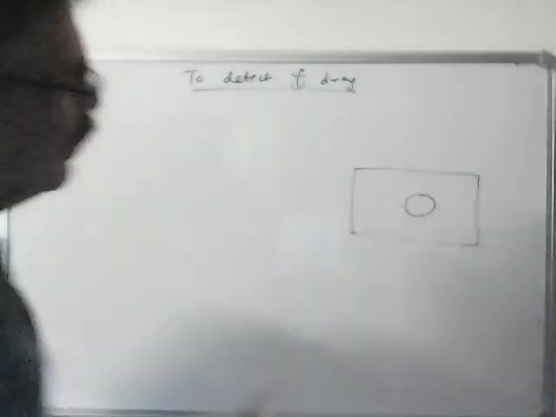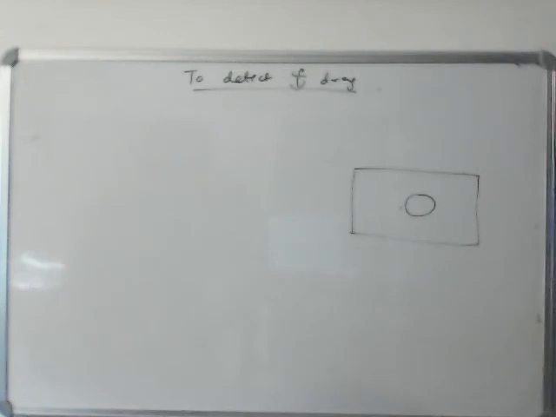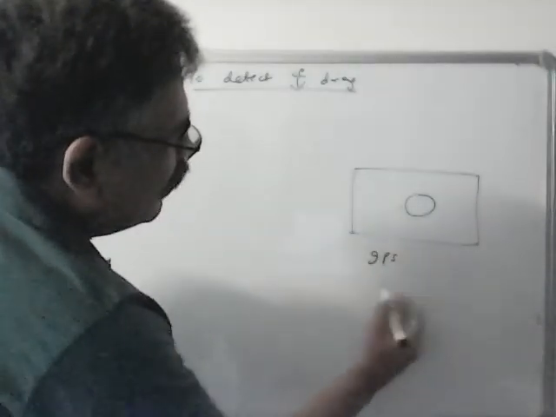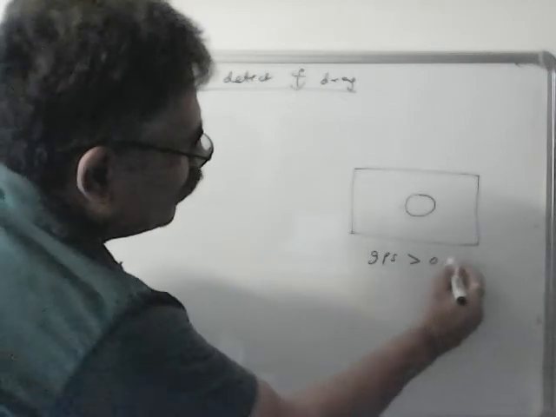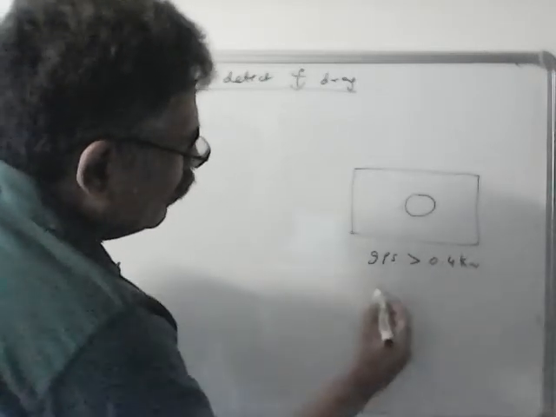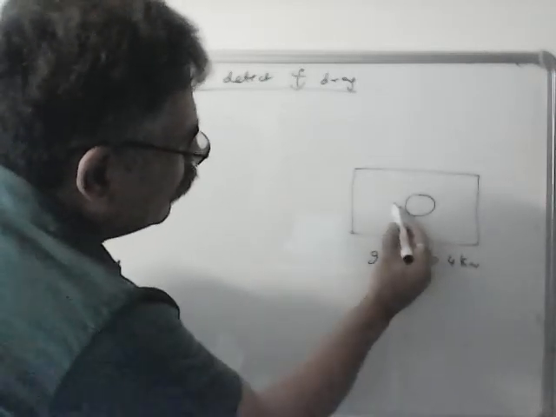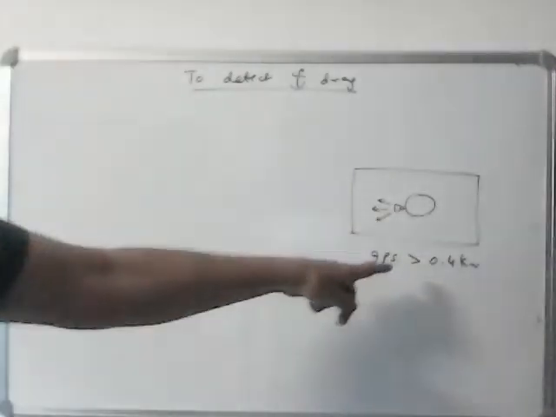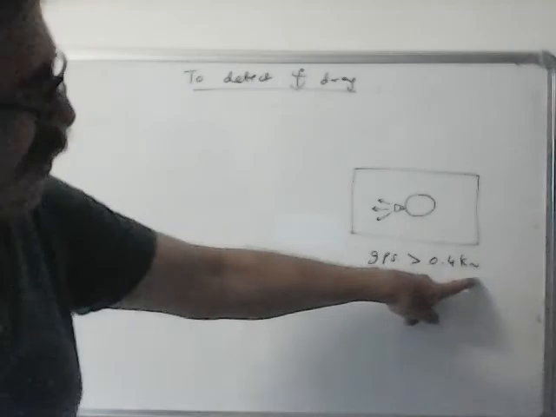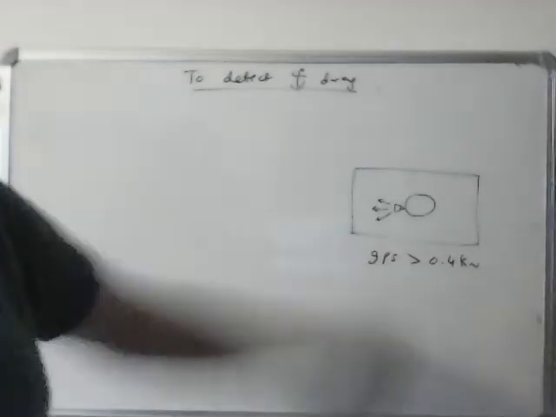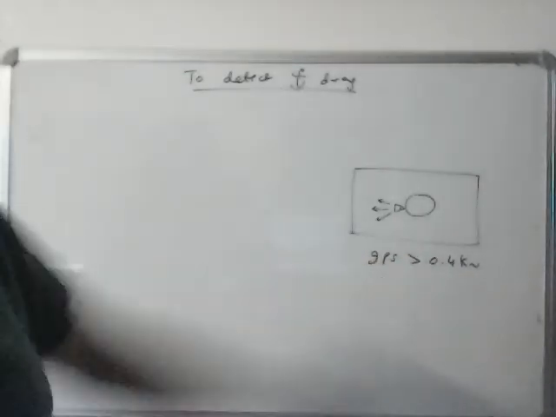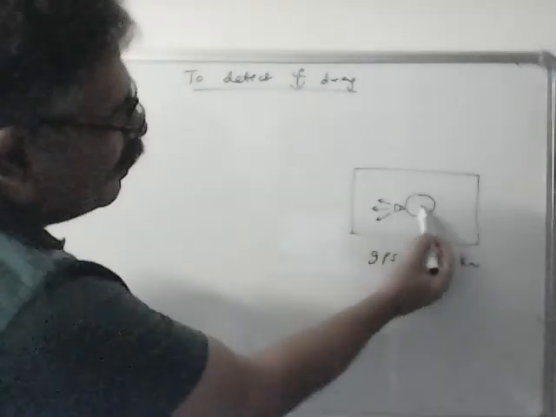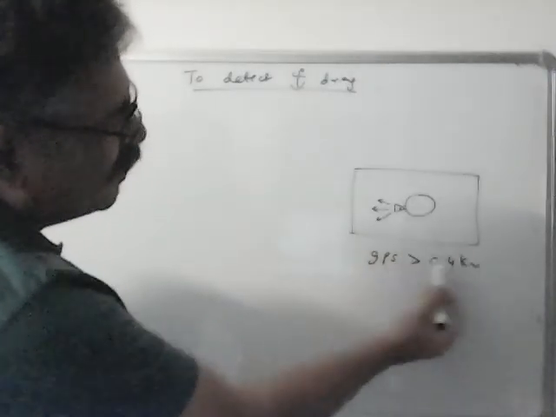To find out if you are presently dragging or not, just watch the GPS speed of the ship. If the GPS speed is more than, let's say, 0.4 knots in the aft direction or in the quarter, and it is consistently like this for more than half a minute or 1 minute, that means the ship is moving in the aft direction and your anchor is also moving at the same speed.